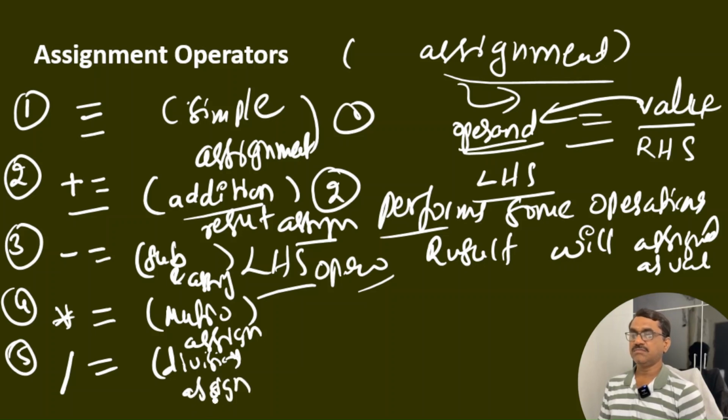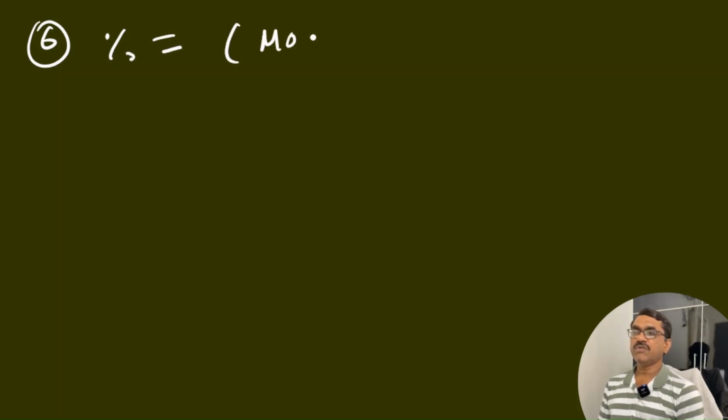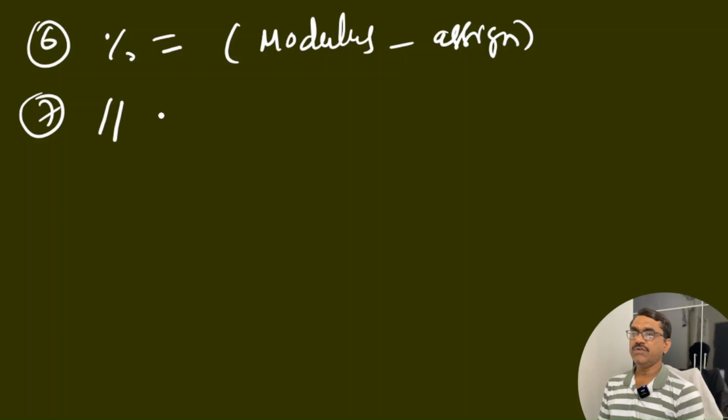Division and assign. After completing these five operators, now sixth one we are going to talk about percentage is equals to. That means it is going to perform the operation modulus. After that, the result will be assigned. This is the sixth type of assignment operator. Now, seventh one, we have the floor division.